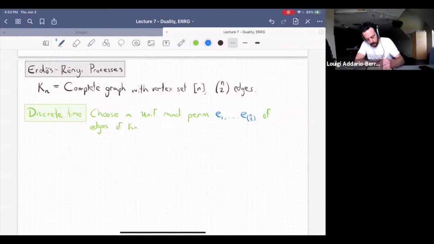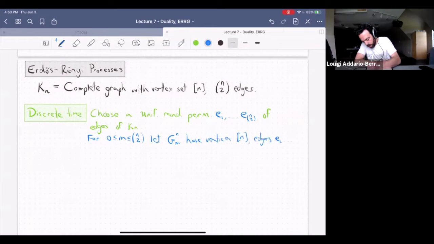And then, for m from 0 to n choose 2, we'll let G_m have vertices 1 up to n and edges E1 up to Em. Okay, so you've permuted the edges and you add them one at a time. So at time 0, you have the empty graph, and at time n choose 2, you have the complete graph.